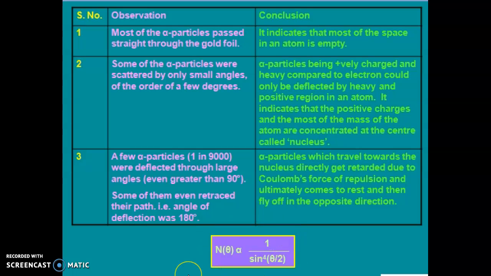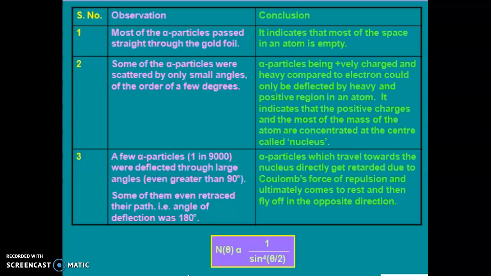So this was the general observation that was made by Rutherford. Based on this experiment, Rutherford was able to explain the structure of a nucleus.